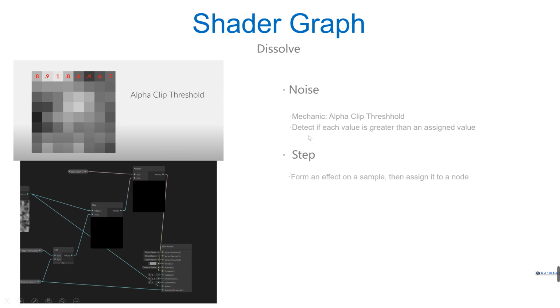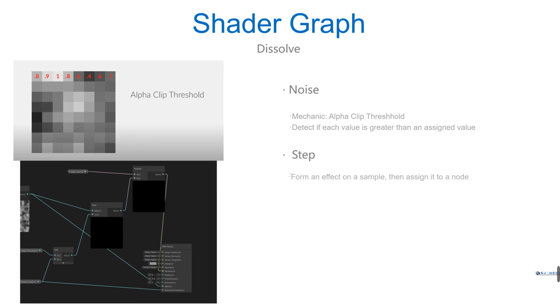Now let's look at some key nodes of the shader graph. The first one is noise. It's the basic formation of this effect. The mechanic is an alpha clip threshold. Every pixel is a point, and the alpha clip threshold will detect if each value is greater than an assigned value, like 0.7.